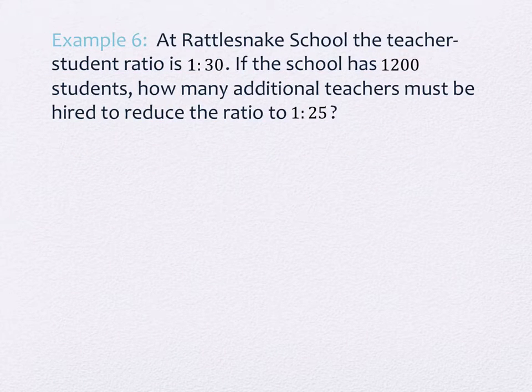At Rattlesnake School, the teacher-student ratio is 1 to 30. If the school has 1,200 students, how many additional teachers must be hired to reduce the ratio to 1 to 25? So, what are the comparisons that are being made?